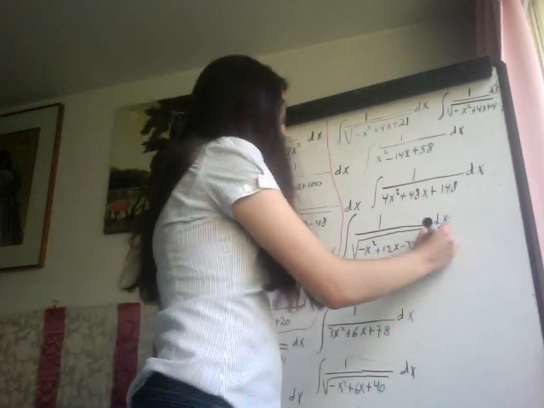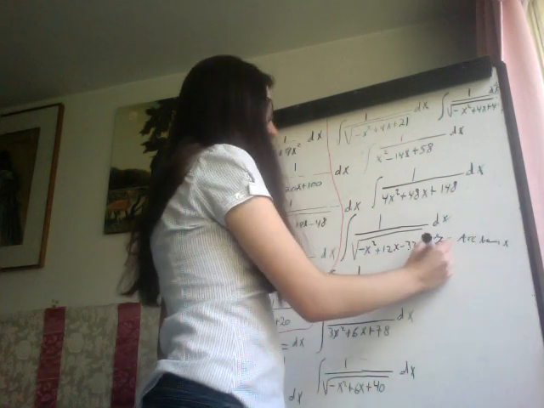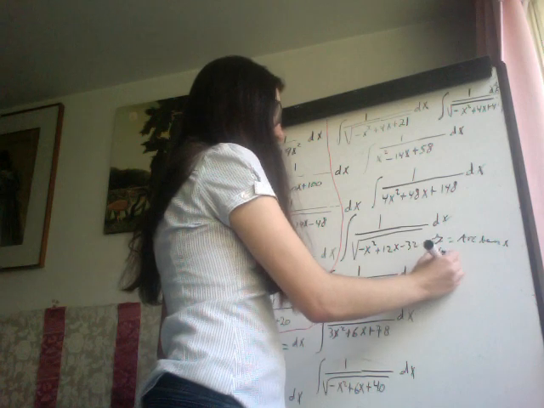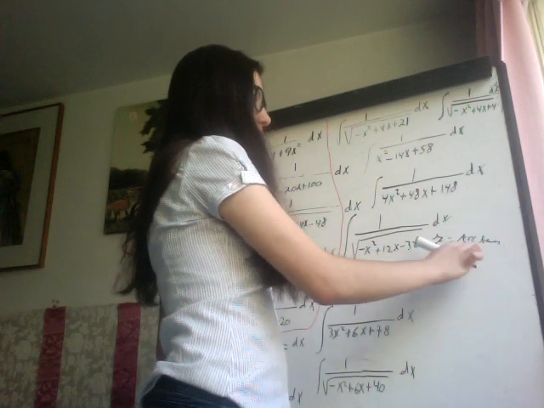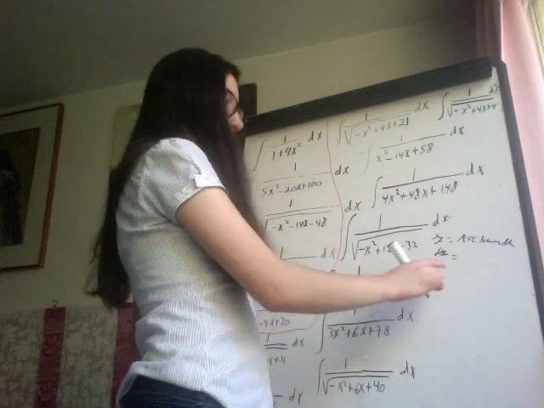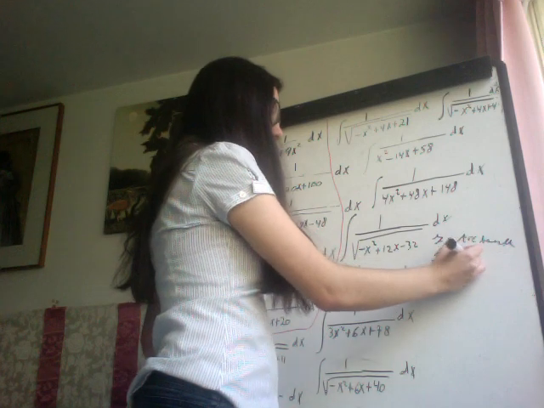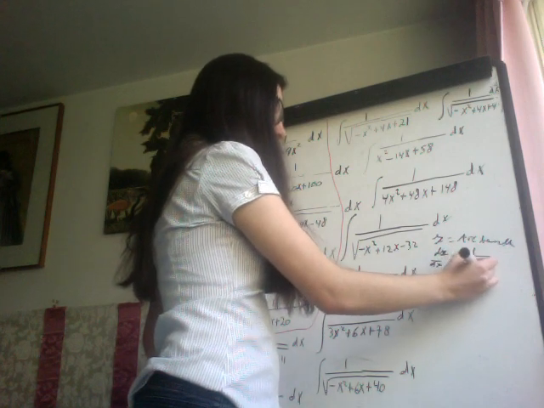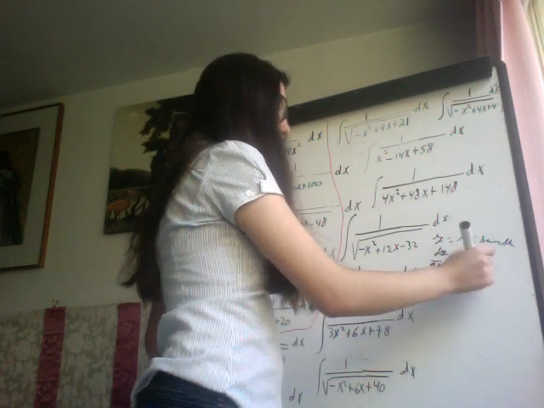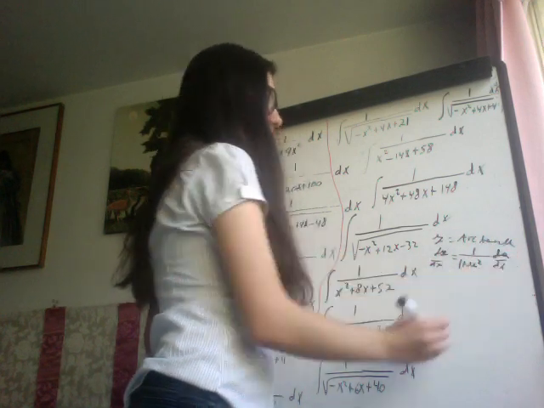So we have y equals arctangent of u. dy/dx, when u is a function of x, will be 1 over 1 plus u squared times the derivative of u with respect to x.